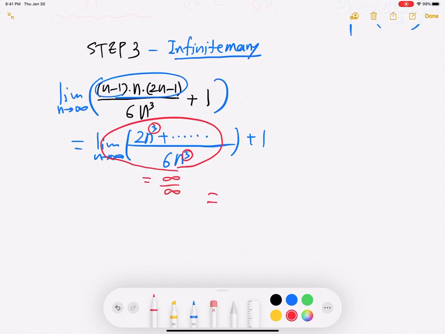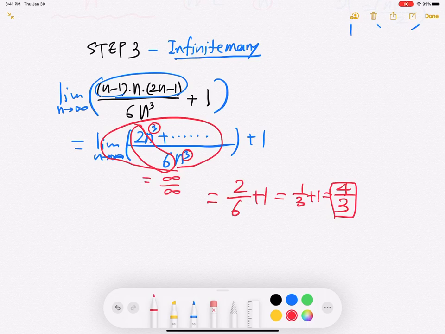That was the leading coefficient ratio, right? What is the leading coefficient of the numerator? 2, denominator 6, plus 1. That is 1/3 plus 1, which is 4 over 3. What is this? The area of an infinite number of rectangles. That infinite number of rectangles' area is exactly equal to the actual area A. It is equal to the actual area finally.